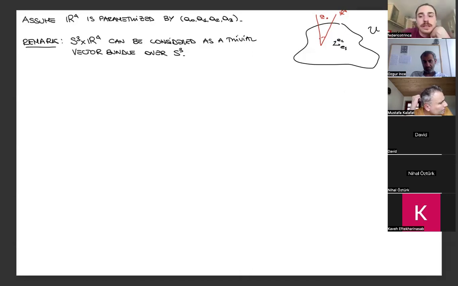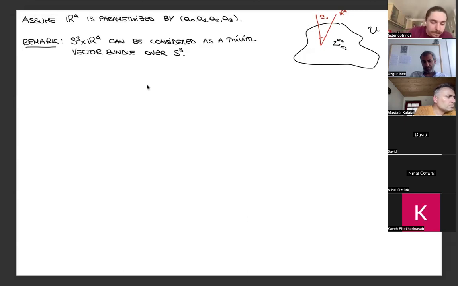Now we just look at R^4, which we parameterize by a0, a1, a2, a3, just the names of the coordinates of R^4, and we consider S^3 times R^4 as the trivial vector bundle over S^3. In this small picture here, I have U, my coordinate patch of S^3, and I have my vector fields E1, E2, E3 that are my frame. And at each point, we have R^4, which is parameterized by a.